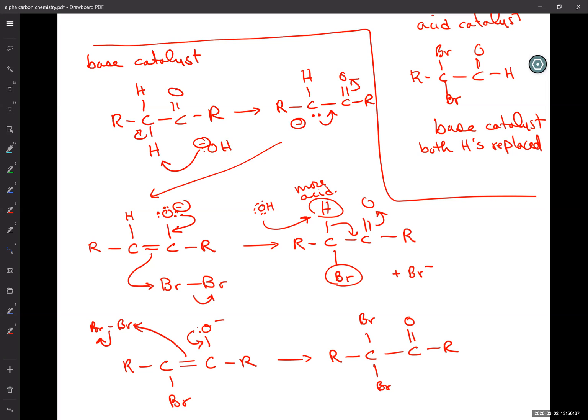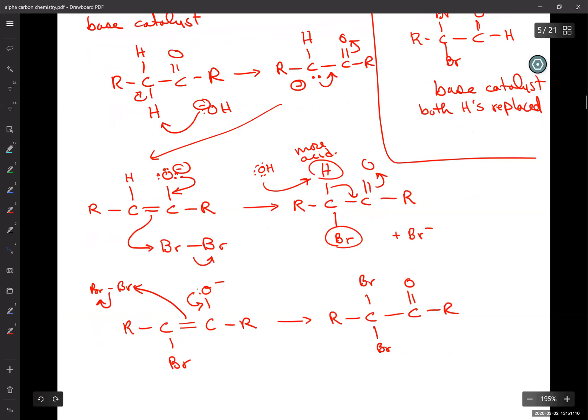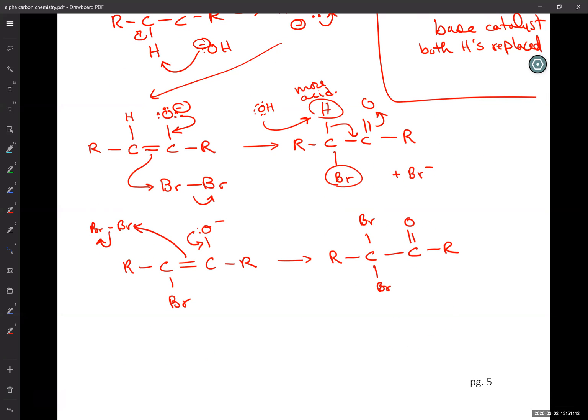So I drew it like this because the oxygen, when it's in the intermediate form, is the more stable contributor, and it represents the molecule better. But that's the only reason. You could have it go directly grabbing that, but the intermediate really looks like this more than it looks like that. So that's the reasoning for drawing it like that. I'm trying to think of a good analogy of when things like that happen.